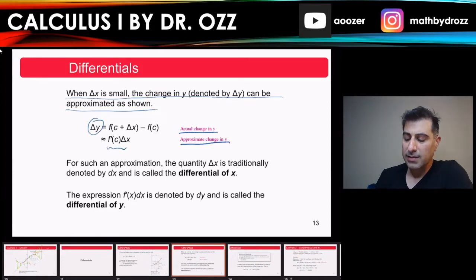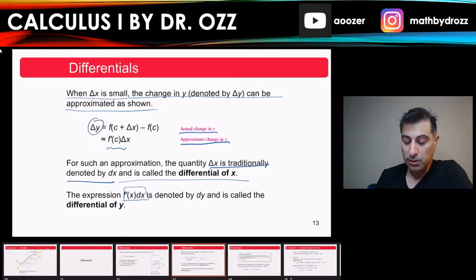Okay, and delta x is traditionally denoted by dx, so we don't really write delta x, but for the sake of this section, let's continue with that notation. But in the future, we're going to call it dx, and that's the differential that's going to be denoted by differential of x. Okay, and f prime of x delta x is denoted by dy.